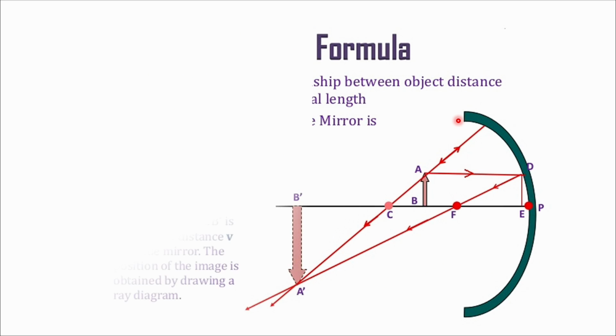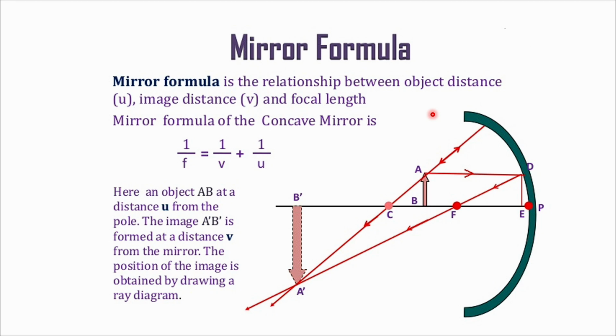So let us go to the last one, the mirror formula. What is the mirror formula? It is a relationship between object distance u, image distance v and focal length f. Let us consider a concave mirror. Here the object distance is BP, image distance is B dash P and focal length is FP.